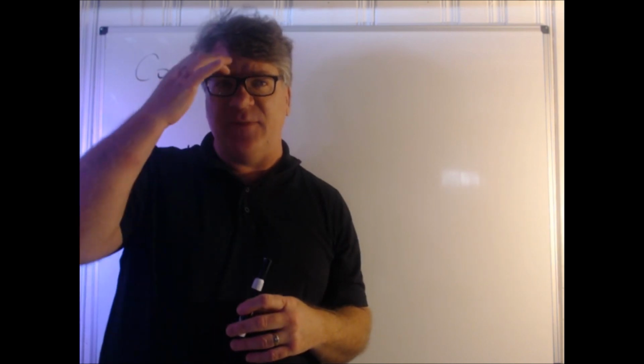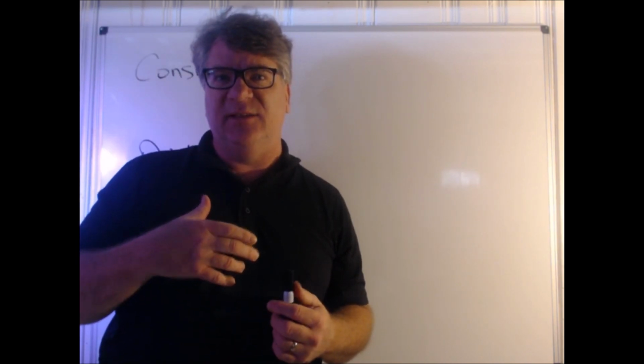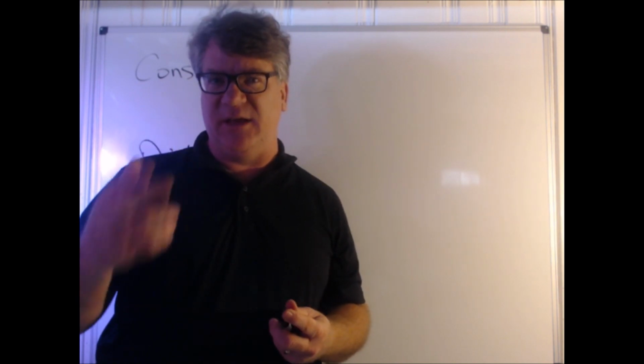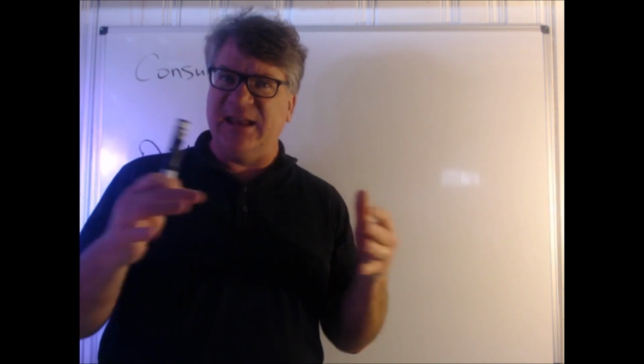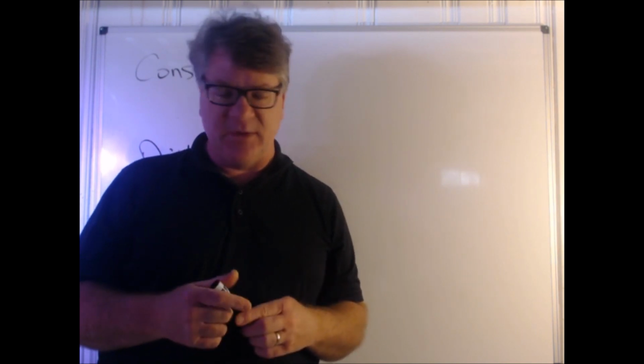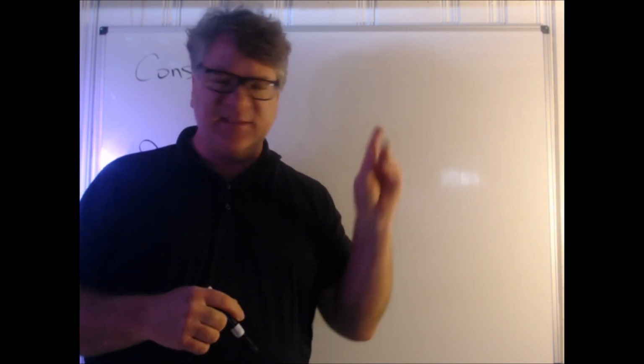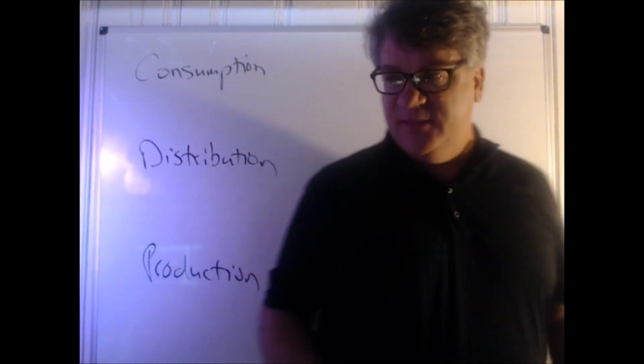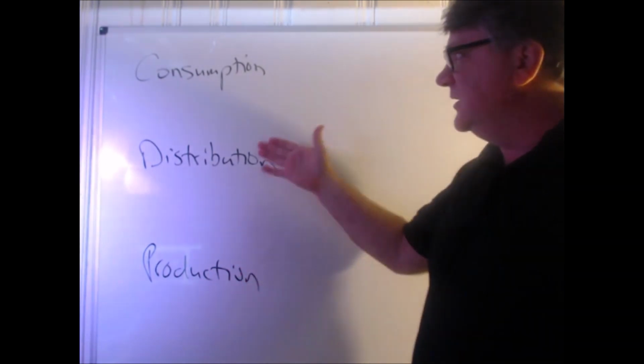We want to think about the economy in terms of the social institution, the human behavior, the social component of the economy, okay? And kind of connect those two. And you'll see how we're going to do that more in this lecture here. So this is going to be a simplified definition, okay? This production, distribution, and consumption.